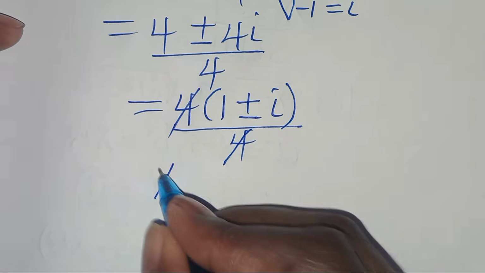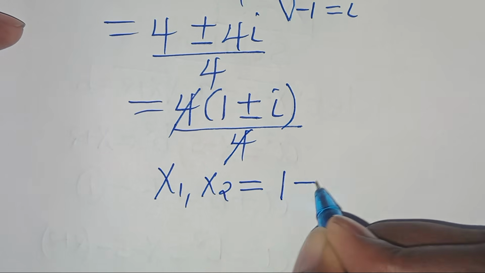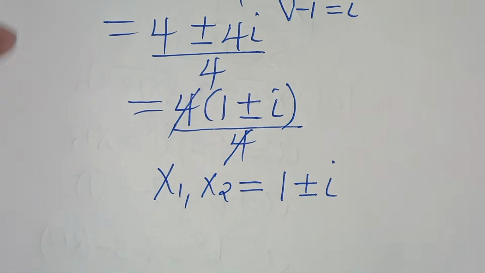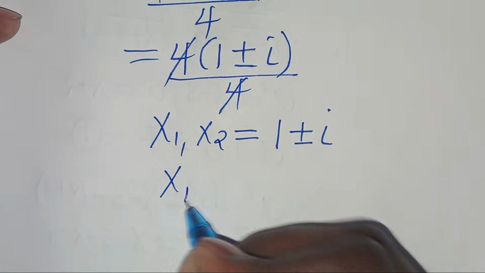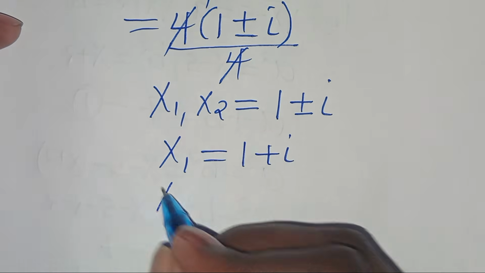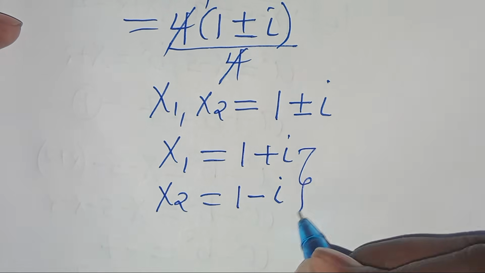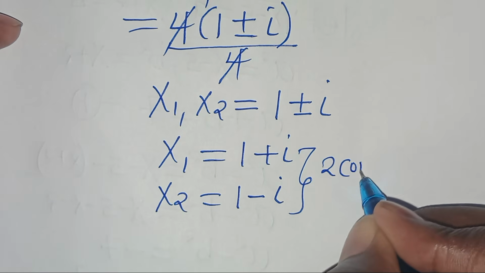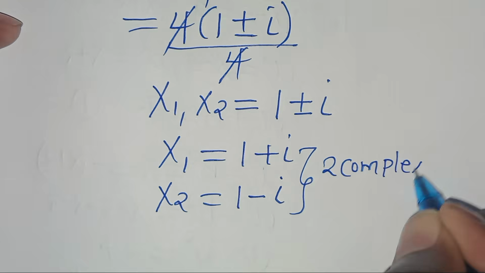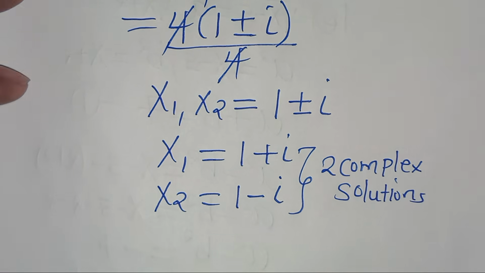This means that x1, x2 is equal to 1 plus or minus i. So x1 is equal to 1 + i, then x2 is equal to 1 - i. These are two complex solutions under case 1.